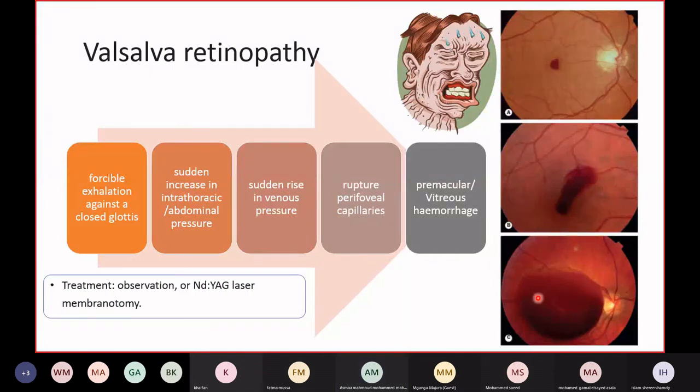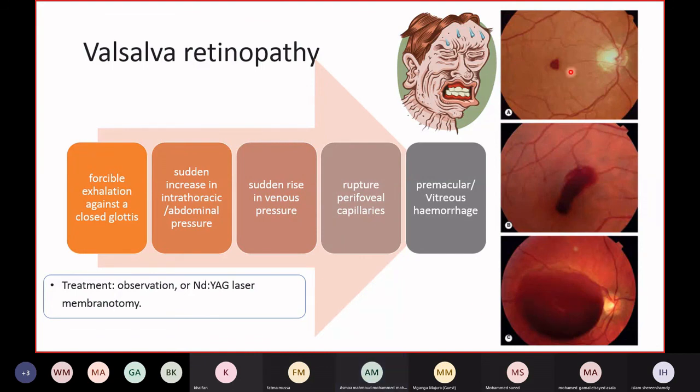Okay. So this is the pathophysiology. As you can see, forcible exhalation against a closed glottis will cause a sudden rise in the intrathoracic and the abdominal pressure, which will lead to a rise in the venous pressure, which will rupture the perifoveal capillaries, giving this premacular plus or minus vitreous hemorrhage.